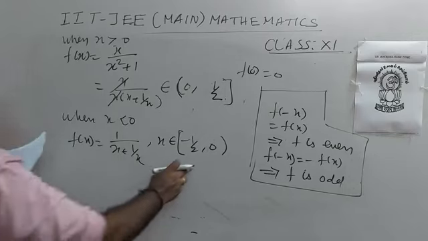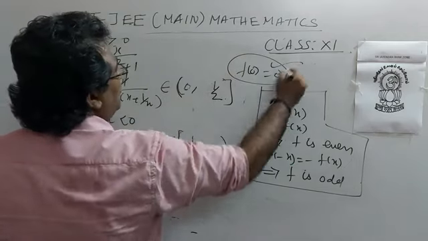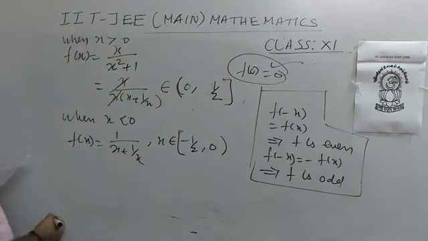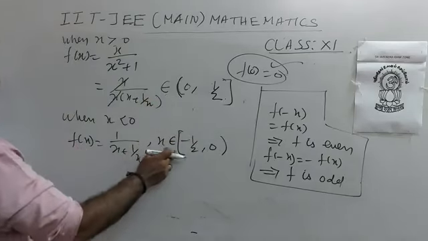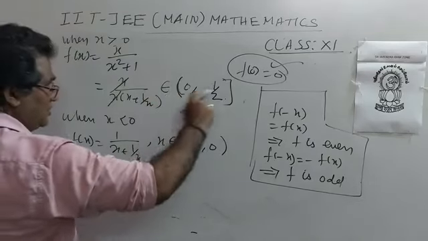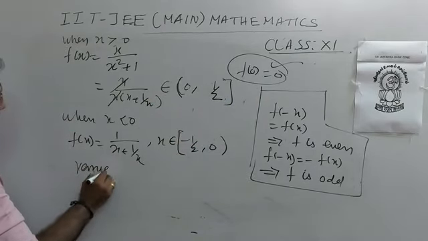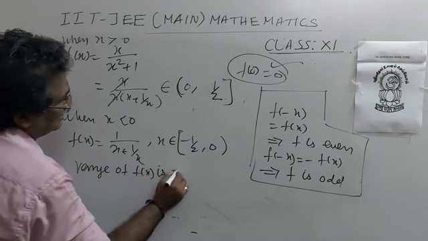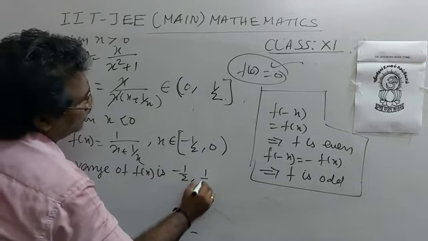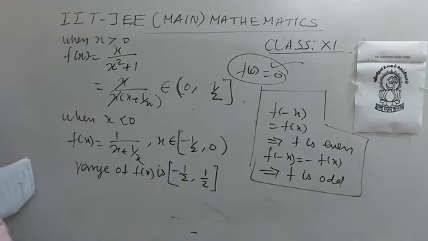So 0 is not included, but we know f of 0 equal to 0, which we have already found. Therefore, when x is greater than 0, it is from 0 to half, here minus half to 0, and when it is 0, it is 0. Therefore, the range of f of x is minus 1 by 2 to plus half.